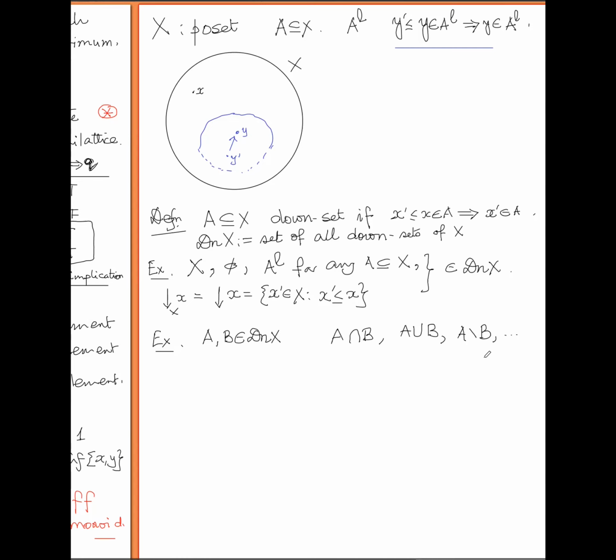I'm not sure about the first two, but I would guess that A without B wouldn't be a downset. Okay, can you give an example? I haven't tried to think of an example, but if A and B are downsets, then any element in X that is less than the one you're comparing to has to be in A or B. So if you try and take away B from A or A from B, then you've made your downset incomplete.